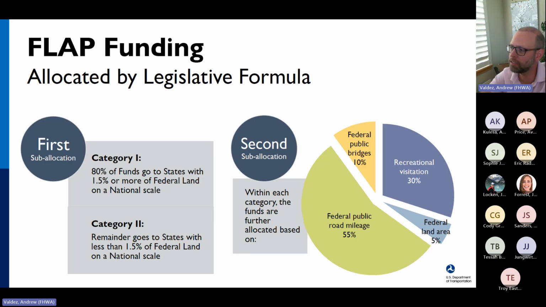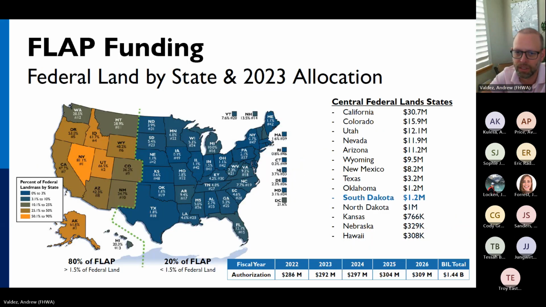So FLAP funding is allocated by legislative formula, and that formula hasn't changed since MAP 21. But essentially, it's a function of federal land mass within a state, and federal public roadway mileage by state. And this is how funding shakes out on a national basis. Unsurprisingly, Western states are heavily favored since they have so much federal lands.